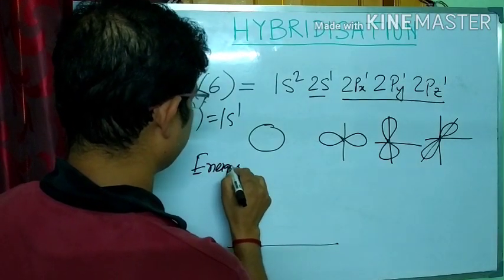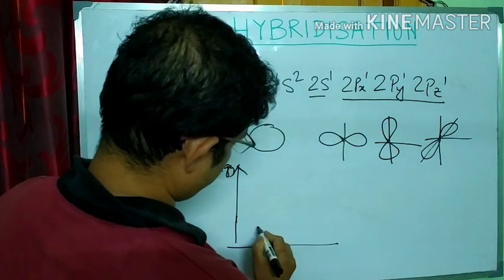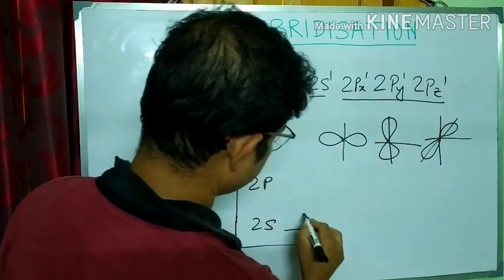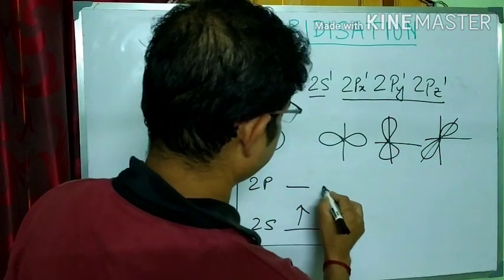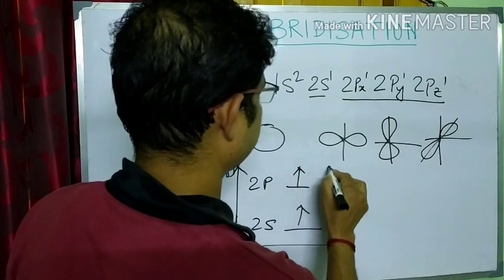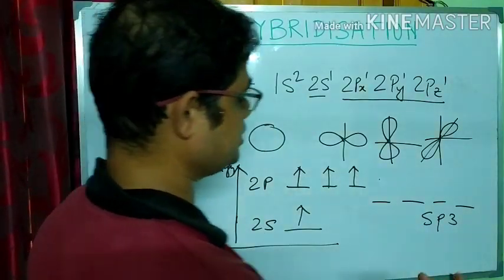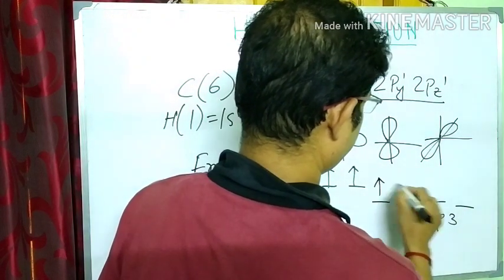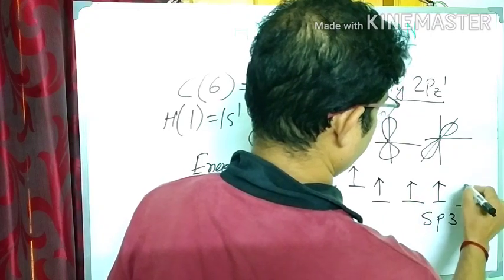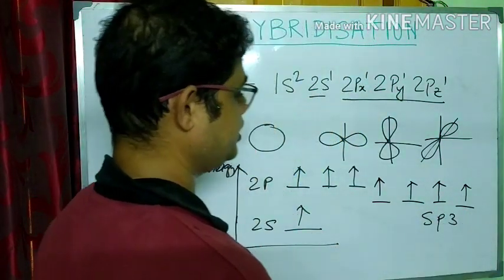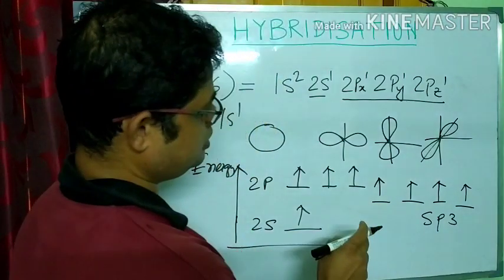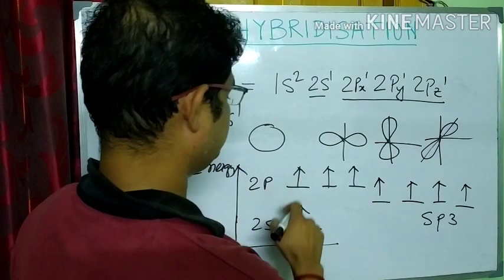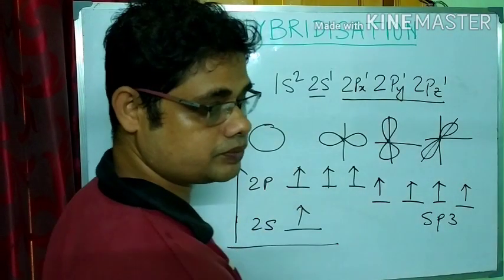On the energy axis, there is the 2s orbital and the 2p orbitals. The 2s orbital has 1 electron. The 2p orbitals have 3 electrons. After hybridization, we get 4 sp3 hybrid orbitals, which have 4 electrons. Now look, their energy level is the average of these two.